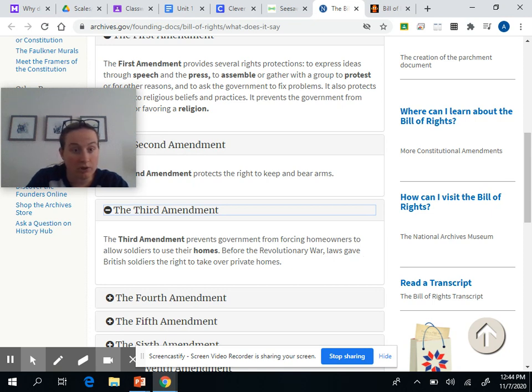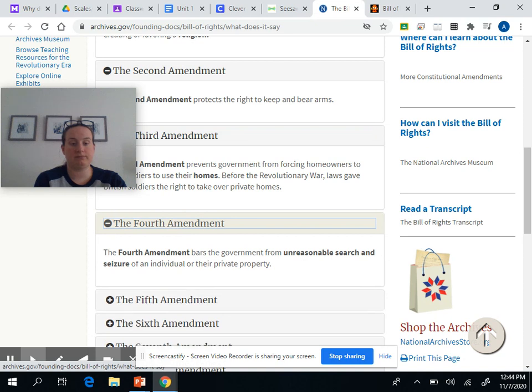Because when the Revolutionary War happened, British soldiers used to force people to let them use their homes because the fighting took place in the country. We don't have that very often. We haven't had that since the Civil War in the United States. So this is something that probably would never happen, but it's still good that we have that right to say, no, you cannot use my house. I'm not comfortable with it.